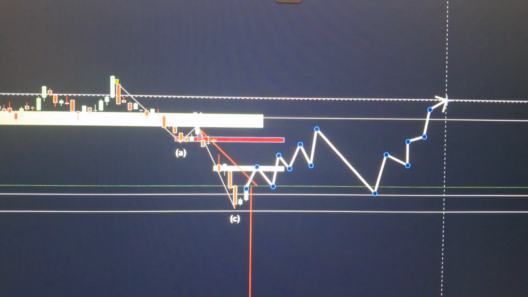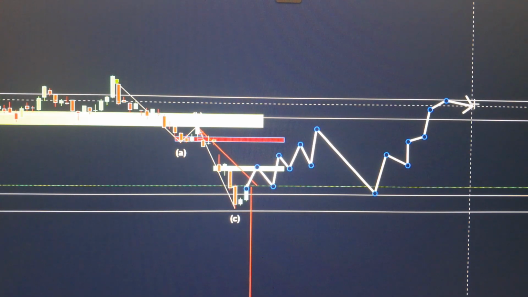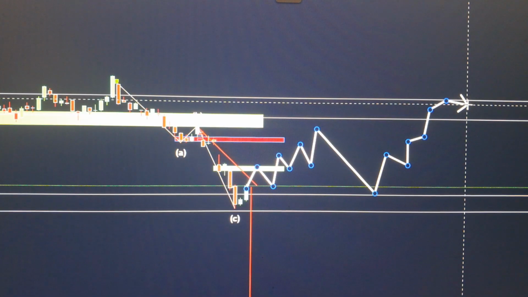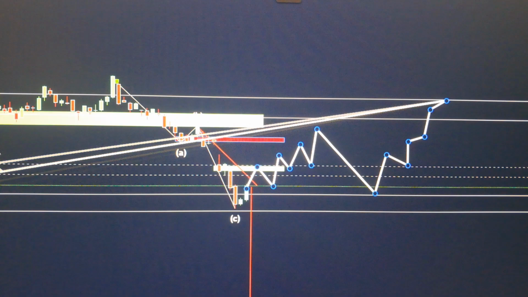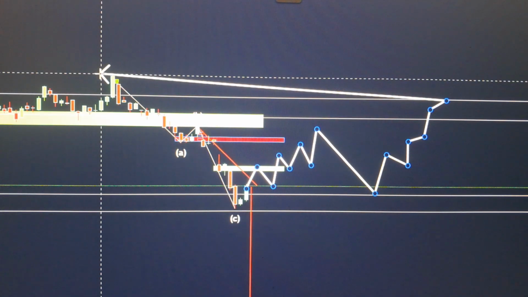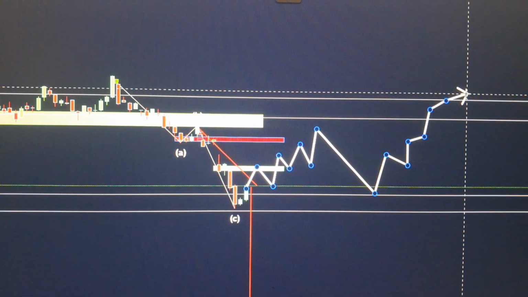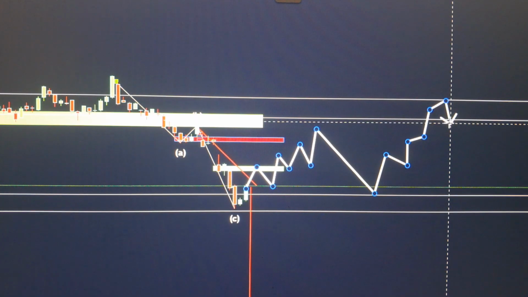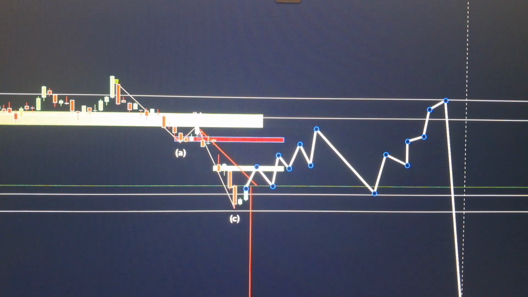Just continue, get up to 300. When this gets back to 300, this is when you want to start looking at some long-term puts. This would be some type of macro 4, and you can see it would be an A, B, C like extension, and it could go higher than 300. I'm not saying it's not going to. I just want this to be a fourth before finally getting that fifth leg down.